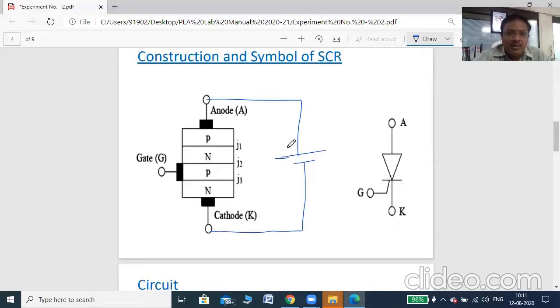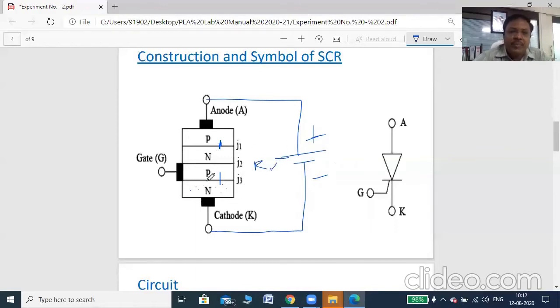Because of this positive supply connected to the anode, junction J1 is forward biased, because holes get added into the P region and the depletion region at junction J1 decreases. Similarly, due to the negative voltage applied to the cathode, electrons get added in the N region, and because of that, junction J3 is also forward biased. Only junction J2 is reverse biased when the supply voltage is applied in this condition.